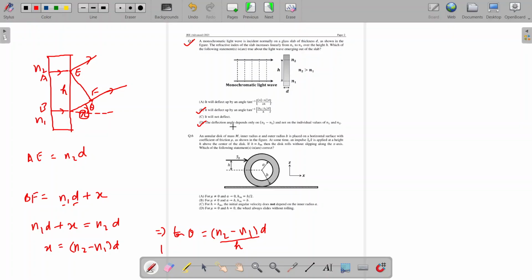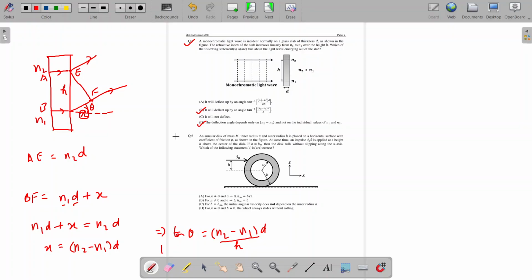So the optical path length which we have when it is traveling to N2 is N2 times d, the geometric path length. In the same way, optical path length when it is traveled through BF is N1 into d, that is the geometric path length d into the refractive index N1, plus the x distance extra it is traveling in air.